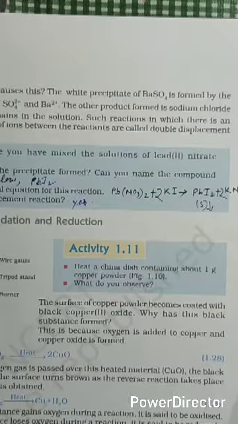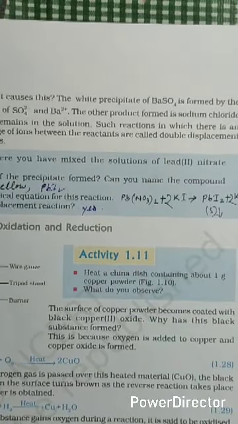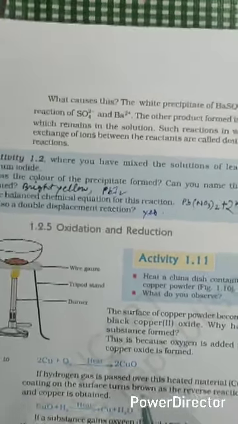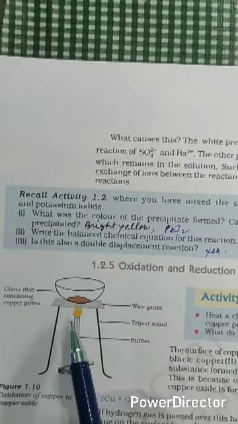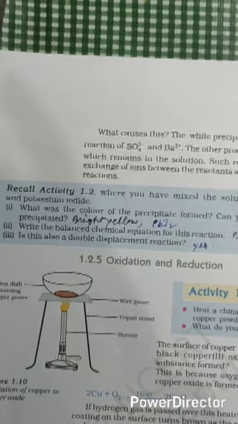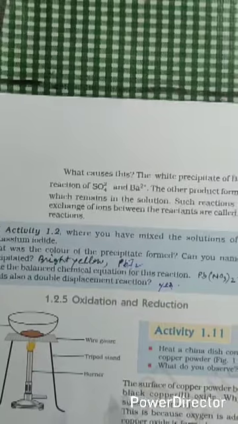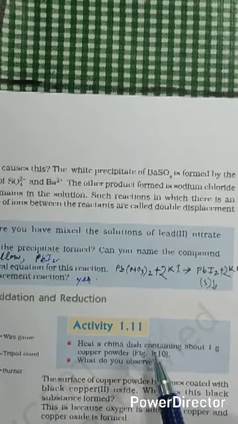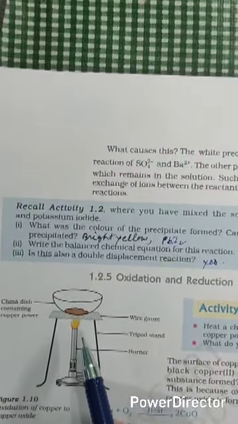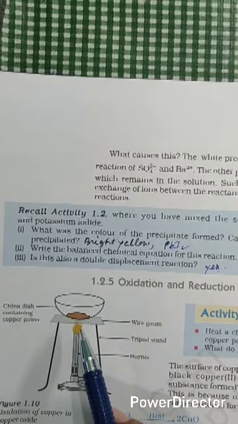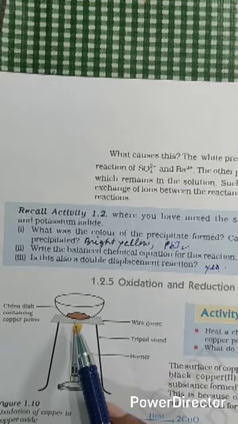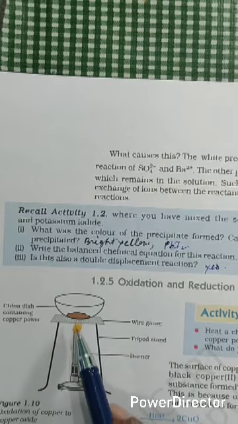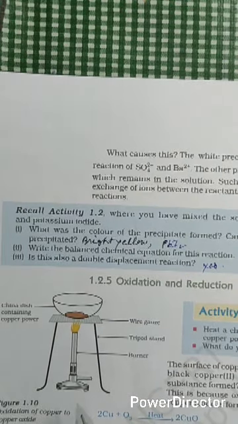Now come to activity 1.11. Here, in a china dish, we have to take copper powder, and we have to heat it with the help of a burner.